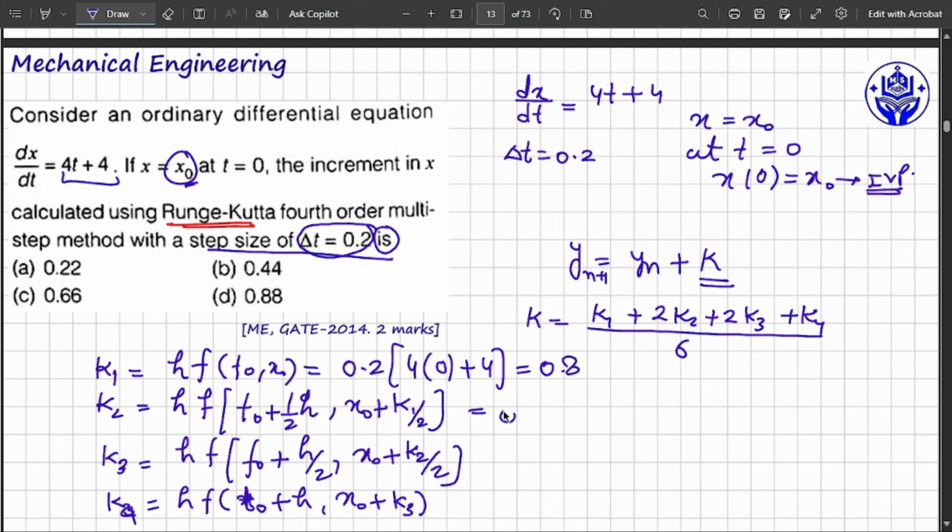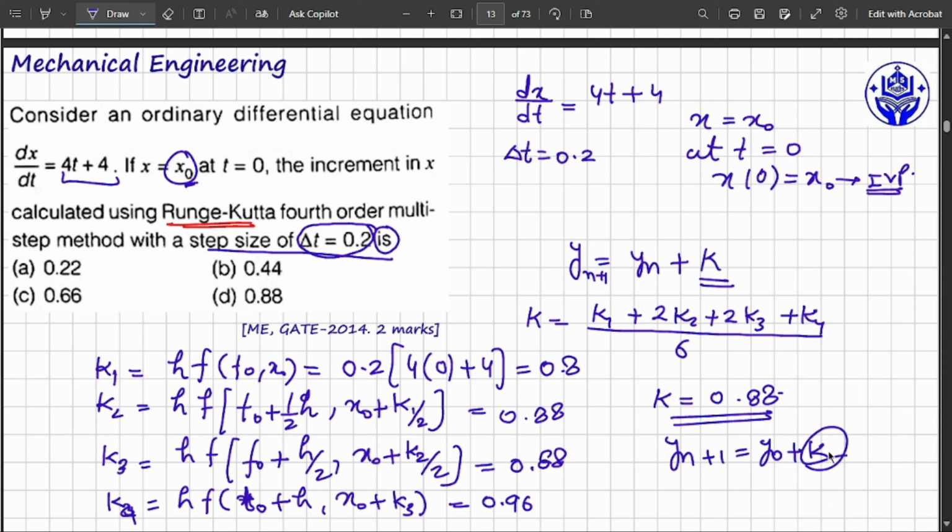While calculating all these values, we are getting 0.8, 0.88, 0.88 again, and 0.96. So on putting all these values, after finding them, yn plus 1 is y0 plus k, which represents the increment in x calculated using Runge-Kutta. So k will be 0.88. So this is the correct answer.